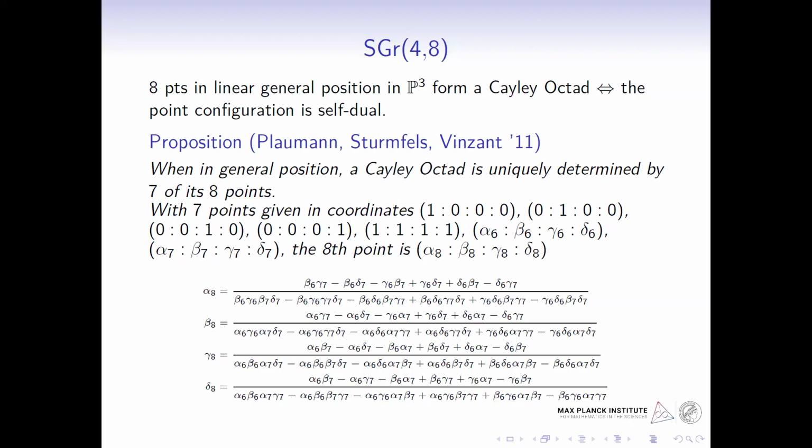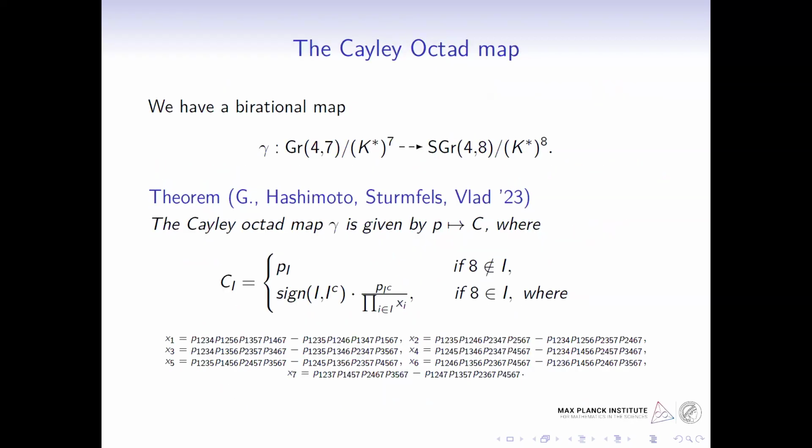So what this means is whenever you have 7 points in general linear position, there is a unique 8th point such that this configuration will be self-dual. And well, there's a very nice formula for how to compute this, but the main thing is, if you know 7 points in general linear position, you can compute the unique 8th point to get a self-dual configuration.